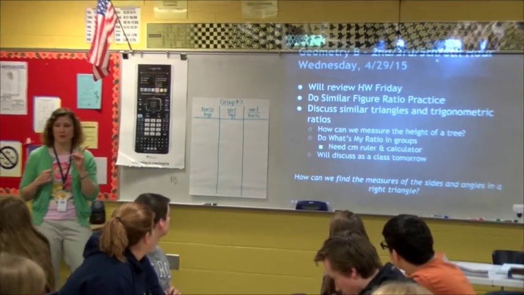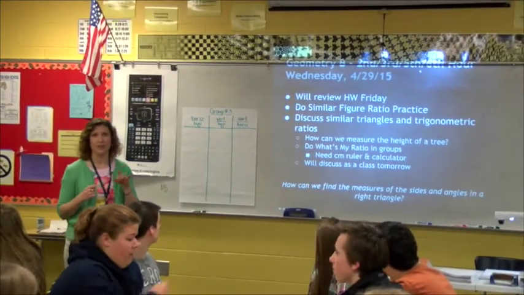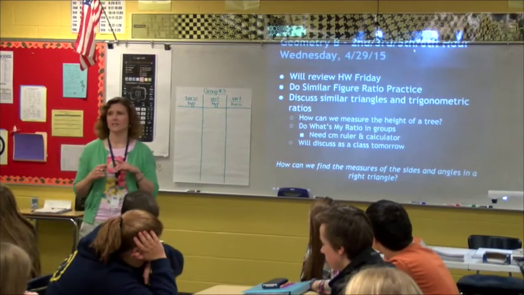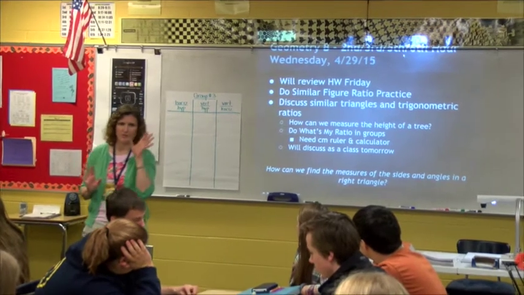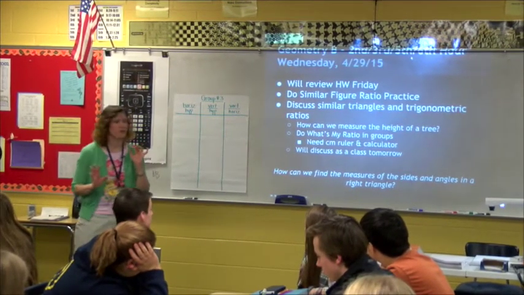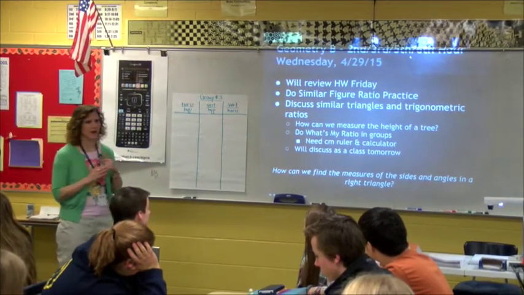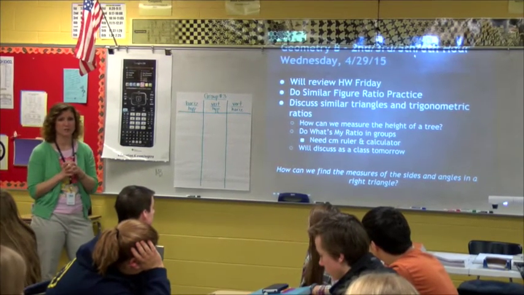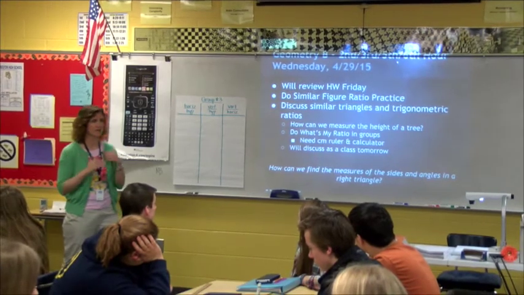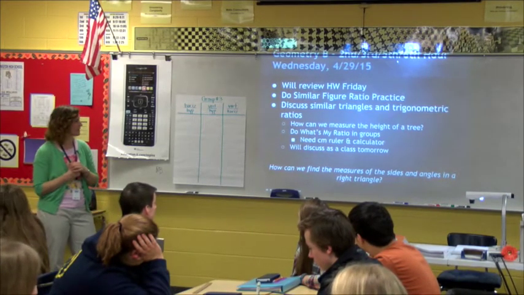So we first have to talk about some similar figures and ratios that have to do with similar figures. Yesterday we kind of recalled what we know about dilations and similar figures. When we pass out papers, I'm going to have you get out those papers from yesterday because those will be helpful, the field guide and the one dilation that we looked at.